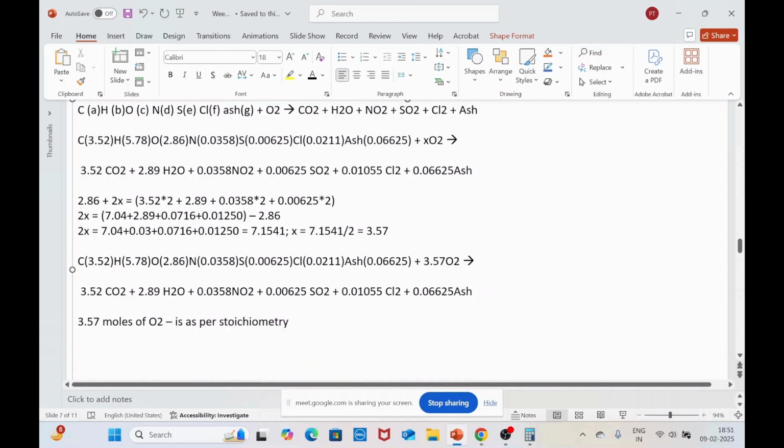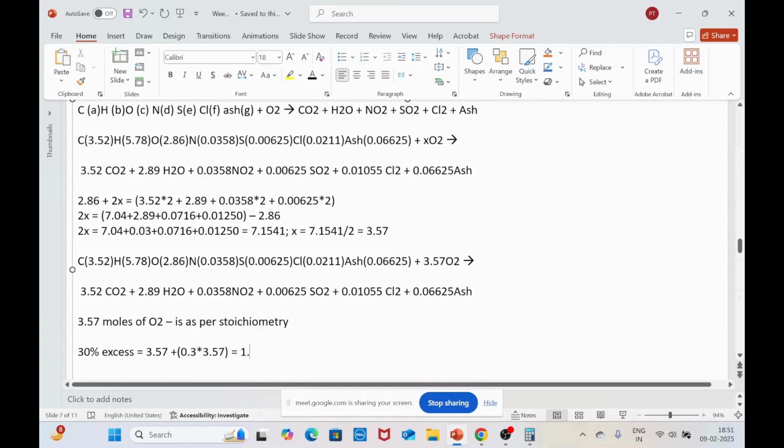We are going to supply 30 percentage excess, which will be 3.57 plus 0.3 times 3.57.